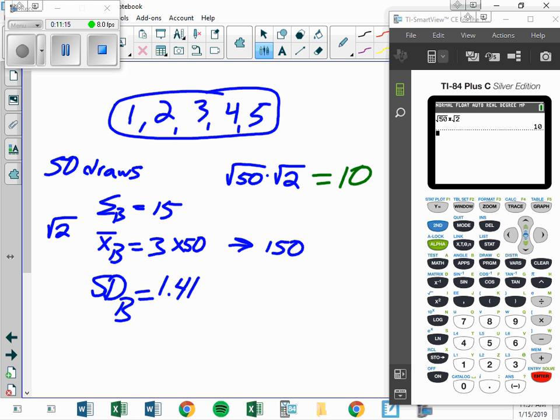That would be pretty impossible. 180 is 3 standard deviations away, which means 3 out of 1,000 people will get that. It can still happen, but it's very unlikely. And in our calculator, once you get 5 standard errors away, the calculator quits even worrying about that. You're so close to 100% that does not happen. Okay.